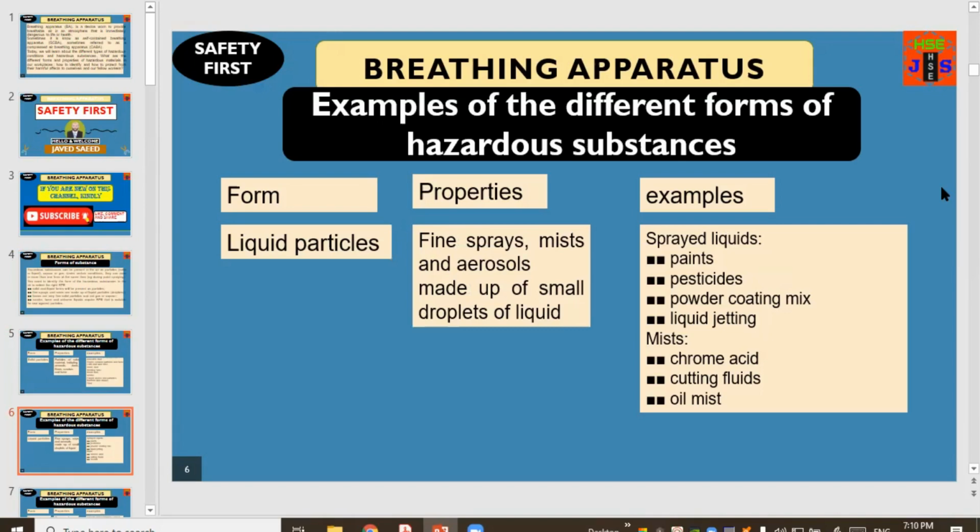The examples of liquid particles are paints, pesticides, powder coating mix, liquid jetting in the shape of mist, chrome acid, cutting fluids, and oil mist. These all are the different examples of liquid particles. Those are hazardous to health, and these substances or materials are readily available and used in our workplaces.